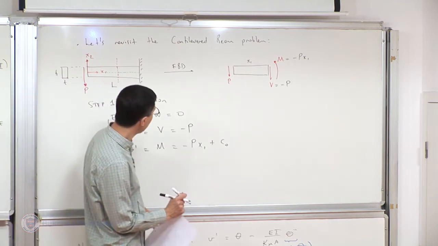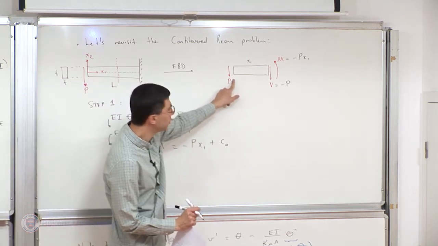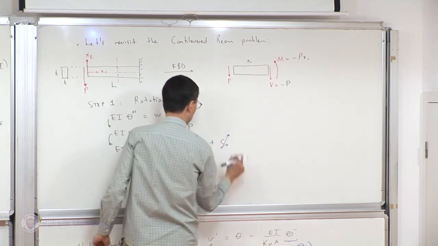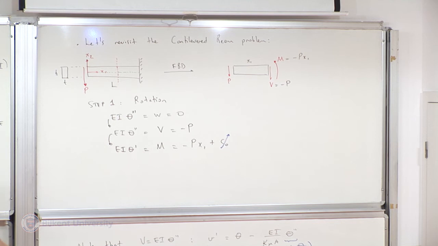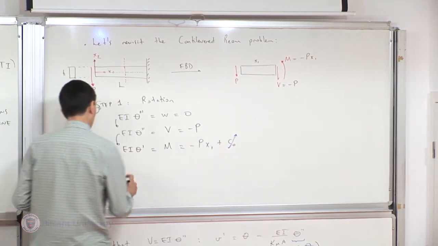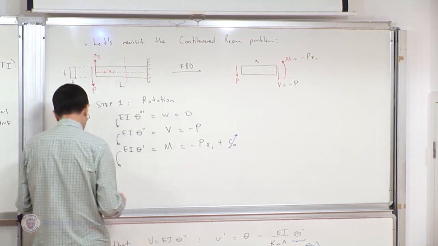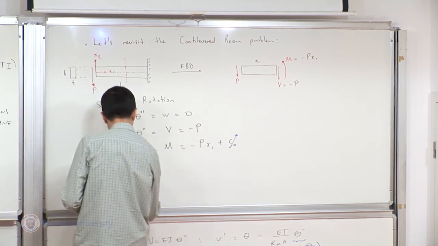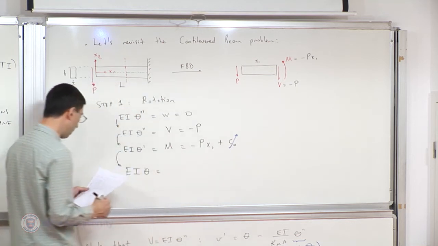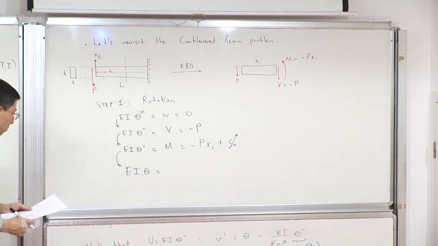Of course, I know that at x1 equals 0, the moment is equal to 0, and therefore this constant is not really there, so I dropped it. Again, in general, for a more complicated loading, you have to be careful. You have to throw in your constants, you have to throw in your Macaulay brackets, whatever. So presently, it is rather simple.